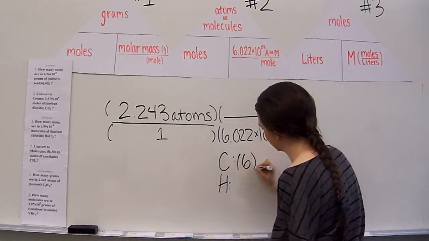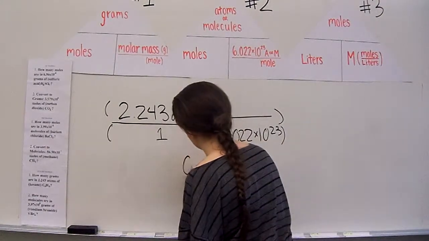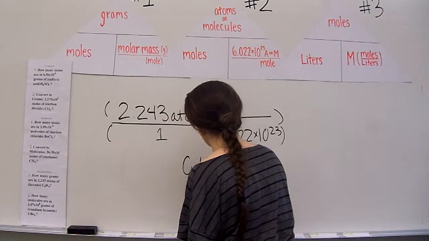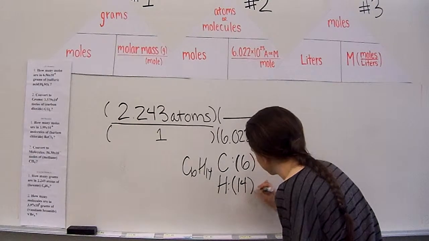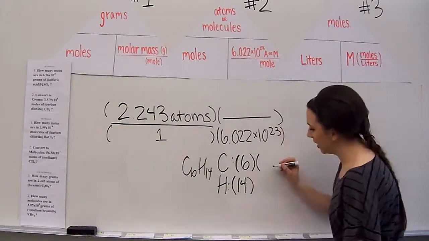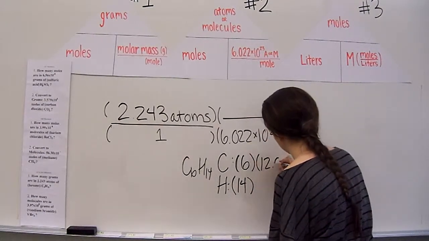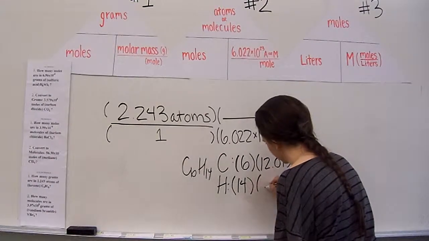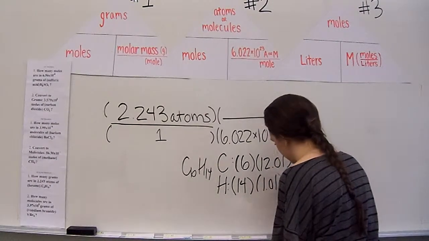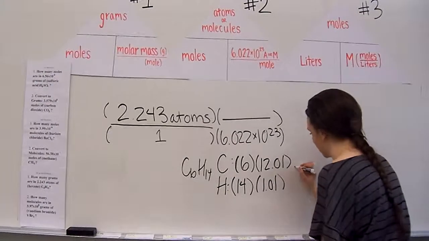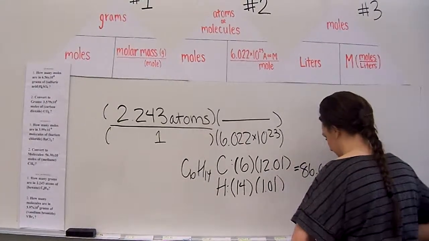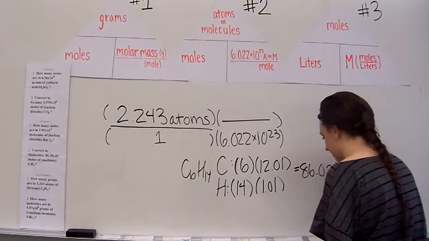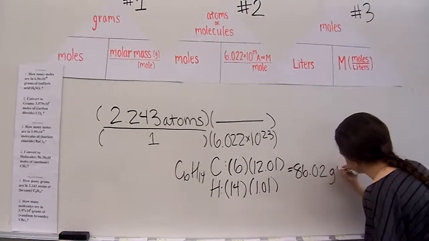We have 6 parts of carbon and 14 hydrogen. Then we're going to multiply that by their atomic weight. Once you multiply that out, you should get 86.02 grams per mole.